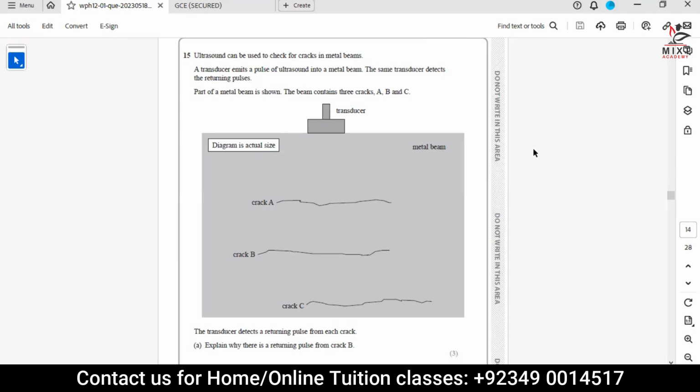The question is that the transducer sends a pulse, and the pulse comes to crack A. Now, when it comes to crack A, the question arises: the return pulse from each crack, explain why the returning pulse from B. So it means some of the pulse will return back and some of the pulse will pass through it.